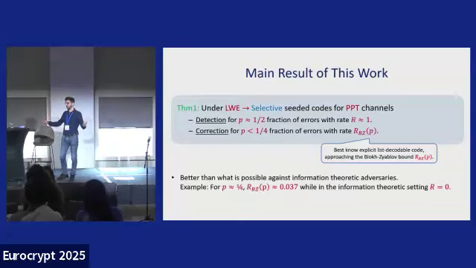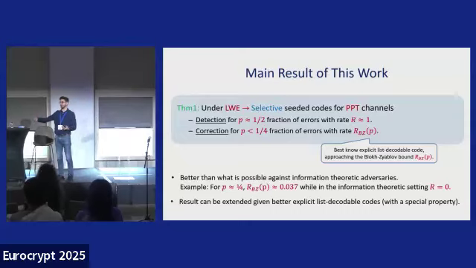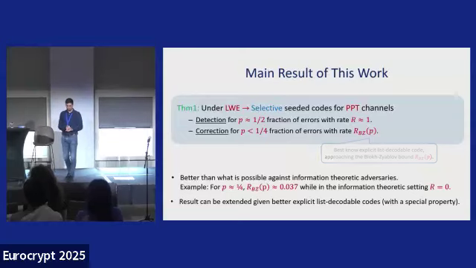So for sufficiently large p, this is strictly better than what's possible information theoretically. So these codes give us an ability to send information better than what's possible information theoretically. And this result could be extended, or we can get better rates, if in the future someone actually constructs better list decodable codes. Okay? Good.